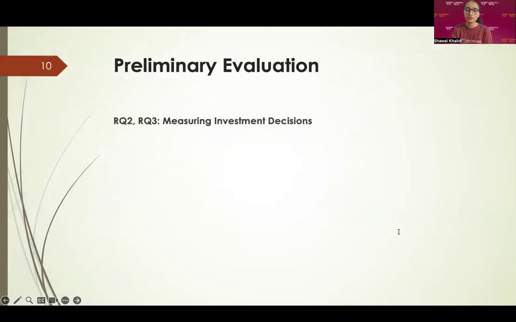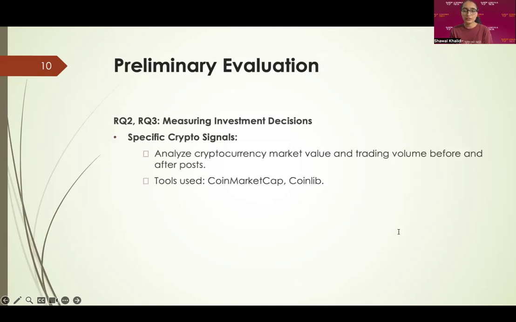And then our next 2 research questions focused on specific and general crypto signals. Starting with the specific crypto signals, we analyzed the impact of these posts by looking at the market value and the trading volume of the specific cryptocurrencies before and after the signals were posted. We used reliable tools like CoinMarketCap and CoinLib to gather this data.